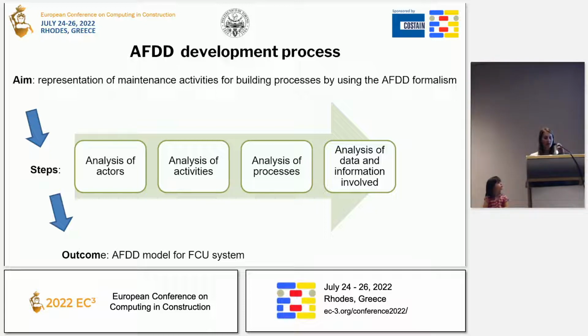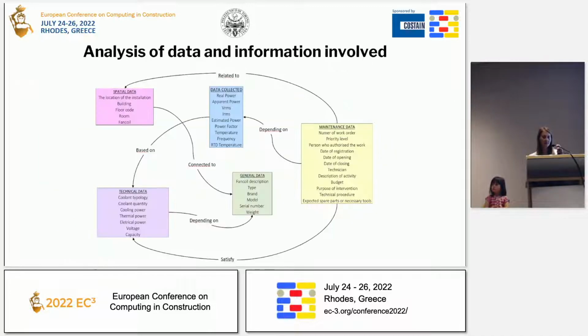Steps of this work go through analysis of factors involved in the process of maintenance, analysis of activities, and analysis of maintenance processes. This paper goes deeper in the fourth step, analysis of data and information involved, and the outcome of this work is an AFDD model for a Fan Coil Unit system.